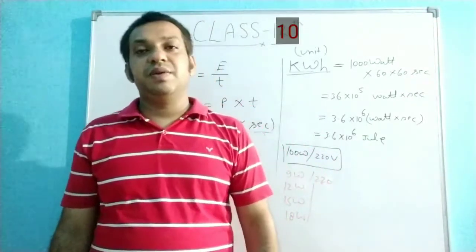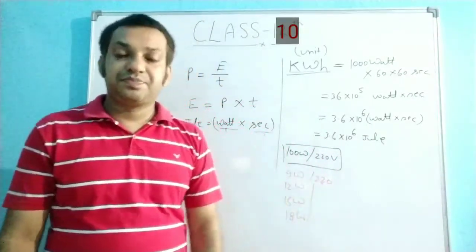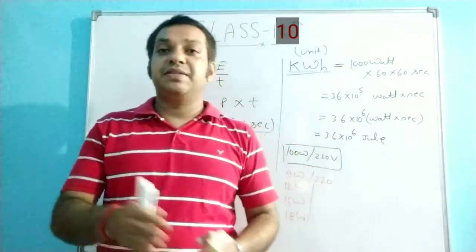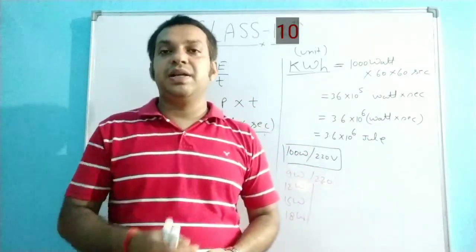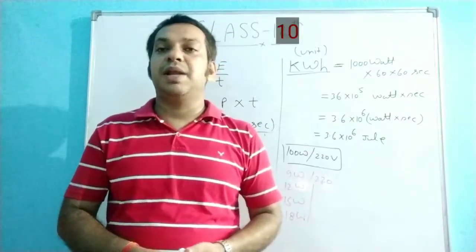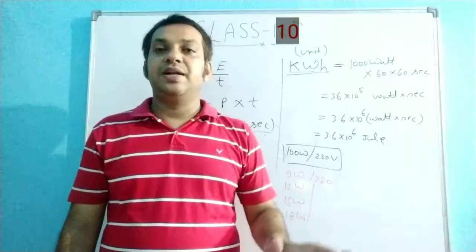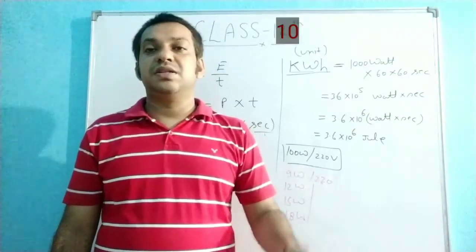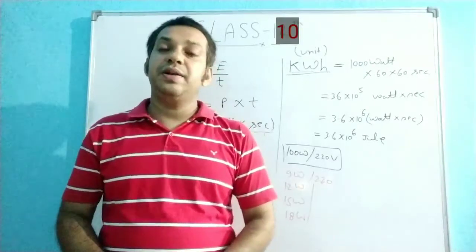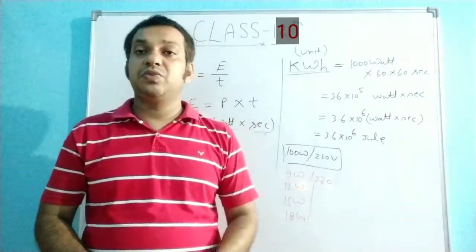So if you have a variety of appliances and the prices are different, it is because of the power rating. Whatever power rating is marked on the appliances, you should at least check it and see the energy consumption of the different appliances, and accordingly you can easily find out which one is better.